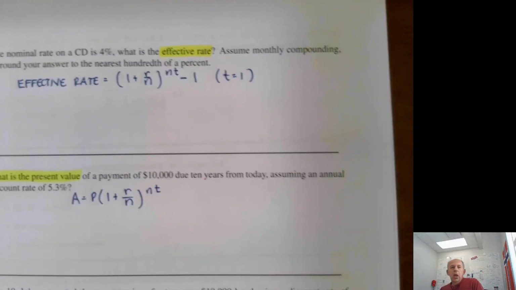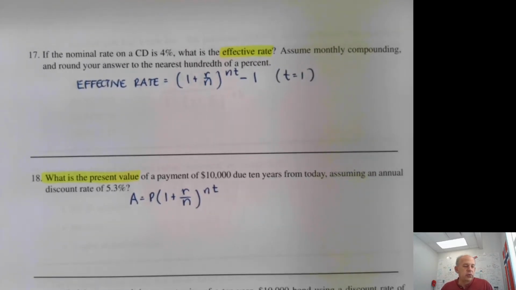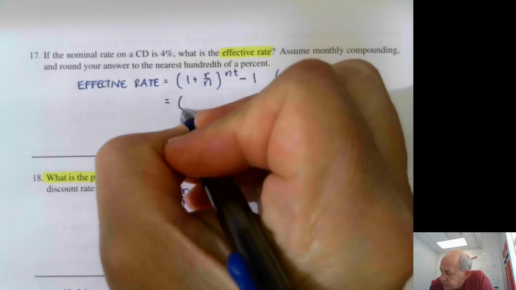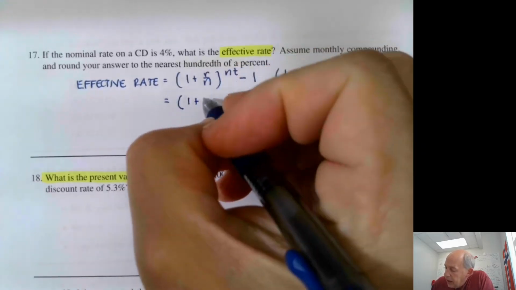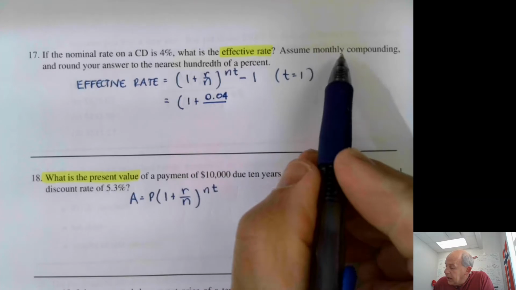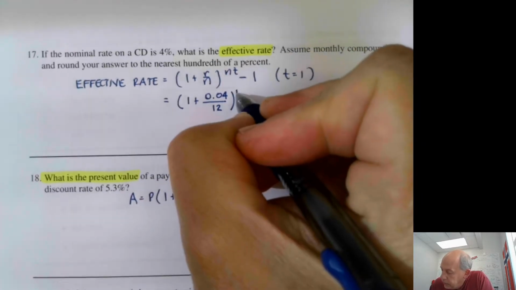For this one, we are working on one where we're looking for the effective interest rate given a nominal interest rate. So here's my conversion formula for this one. My nominal interest rate is 4%, compounded monthly, that's going to be 12.